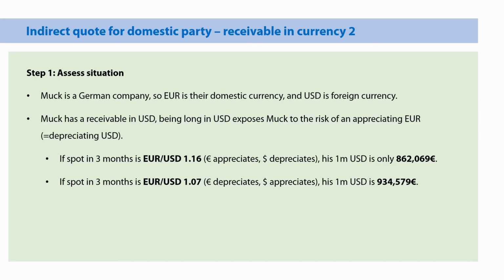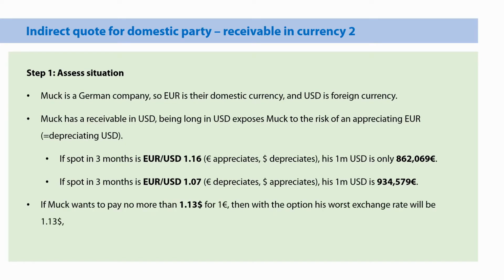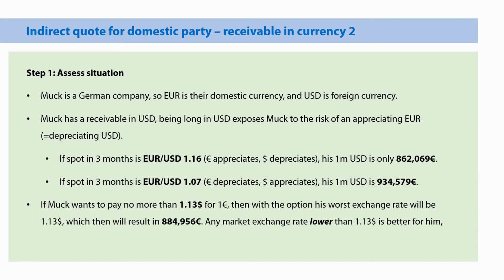In this case, they need euros, so euro will be a cash inflow. And naturally, they would rather have more euros than less euros. If Muck wants to pay no more than $1.13 for a euro, then with the option his worst exchange rate will be 1.13, and that would result in 884,956 euros.